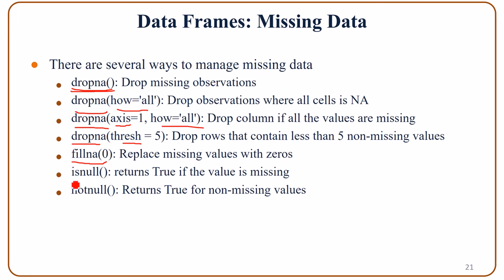The isnull method returns True if the value is missing, and notnull returns True for non-missing values.